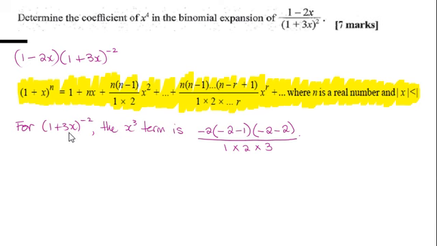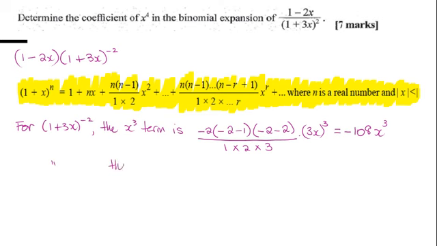Remember, this is 3x and not just x. If it were just x, then it would be times x cubed, but it's 3x, so it's times 3x cubed. And we can work that out on our calculators, giving negative 108 x cubed.